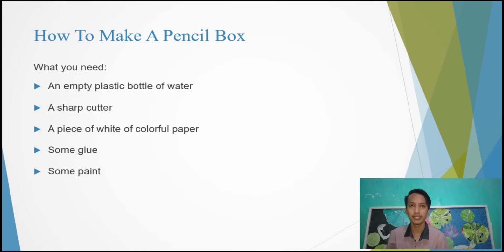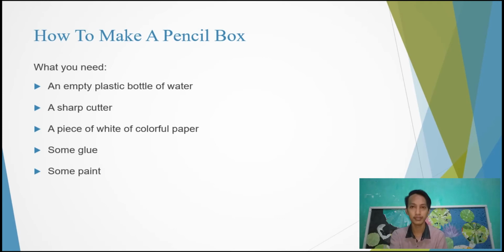What you need is an empty plastic bottle of water, and then a short cover, then a piece of white or colorful paper, some glue, and some paint. All of them are materials that we need to make a pencil box.